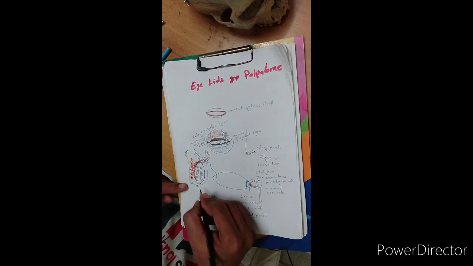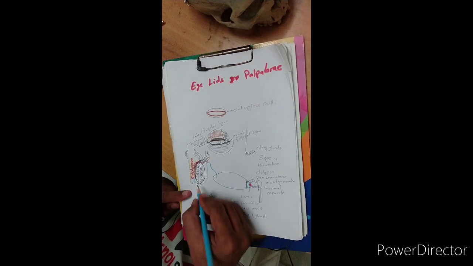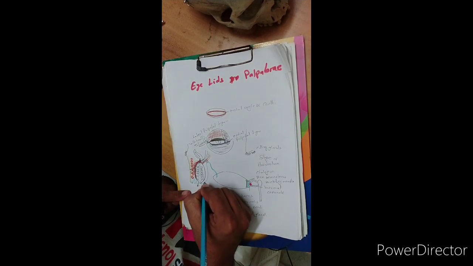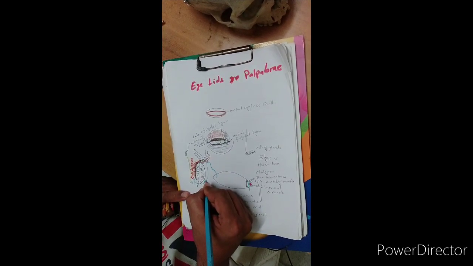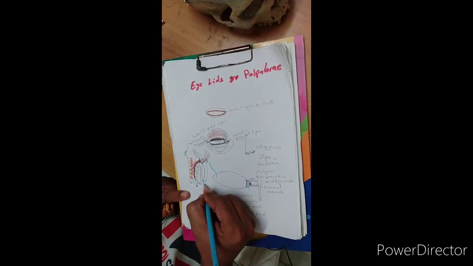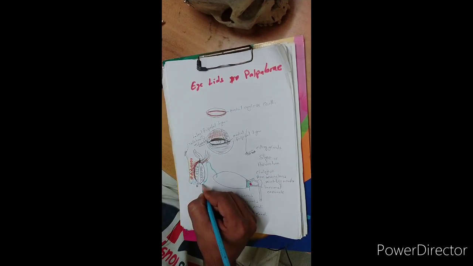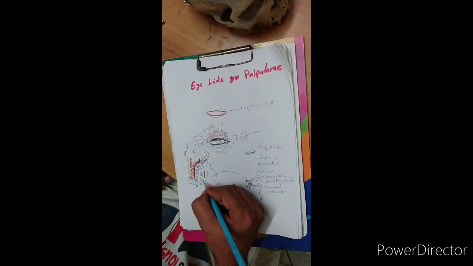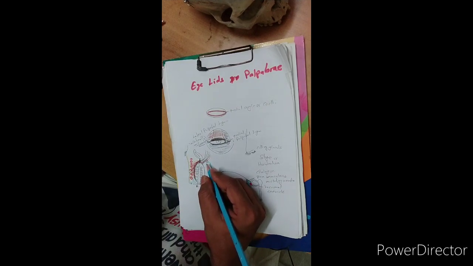About 2 millimeter from the lid margin, one groove is formed here, and this groove is the most important site for lodgement of foreign bodies. So when the conjunctiva starts about 2 millimeter inside, it forms a groove and then continues with the remaining palpebral conjunctiva. Clear? So this is how the conjunctiva is formed.